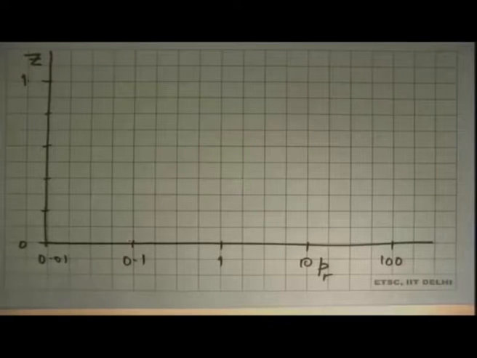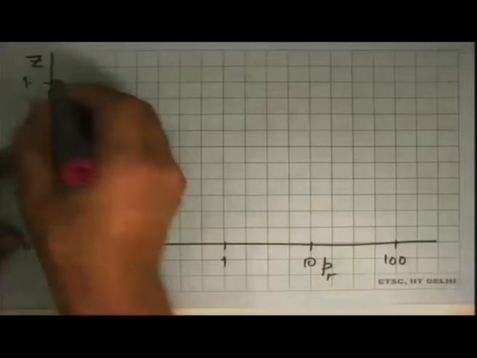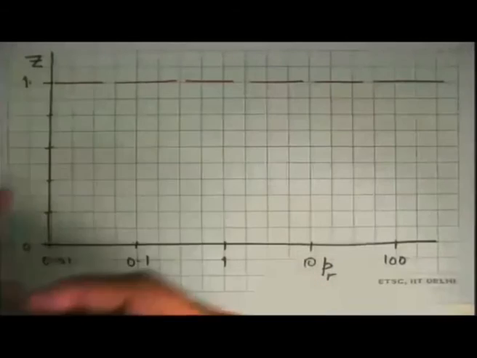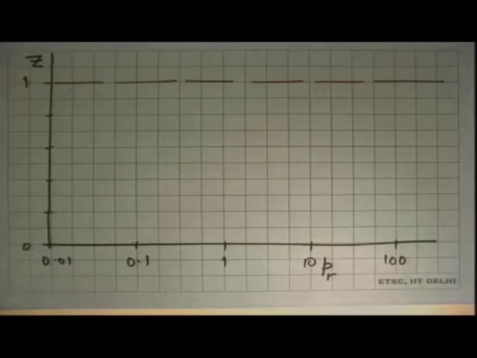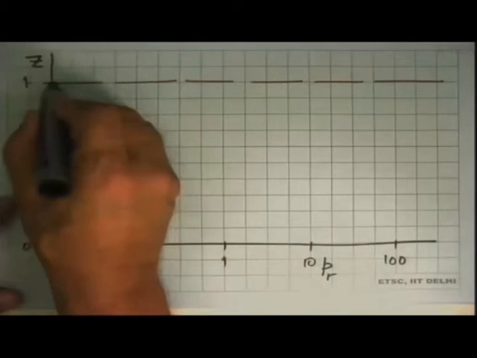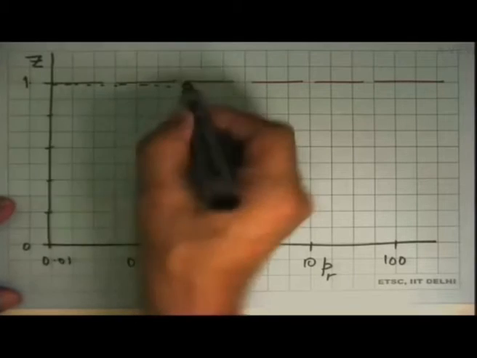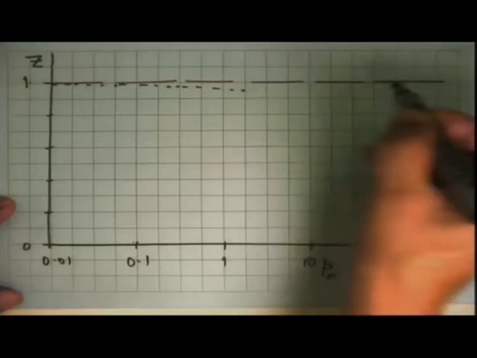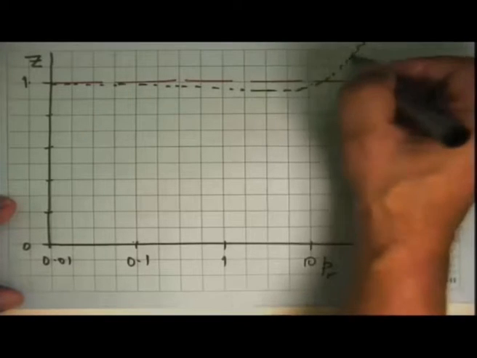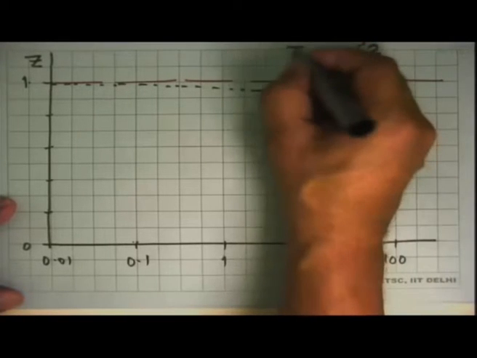So the first thing we'll do is we mark something which we would like to see, Z equal to 1. And we start saying that if reduced temperature is say 2, it will be something like this. This is TR equal to 2.